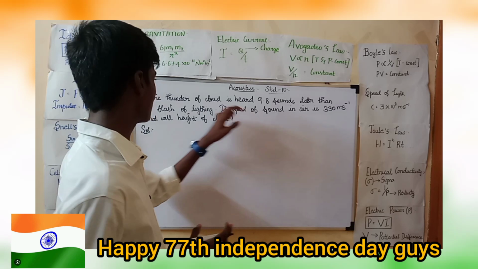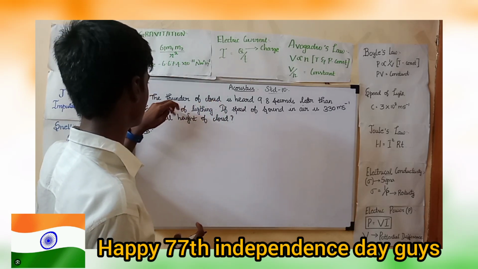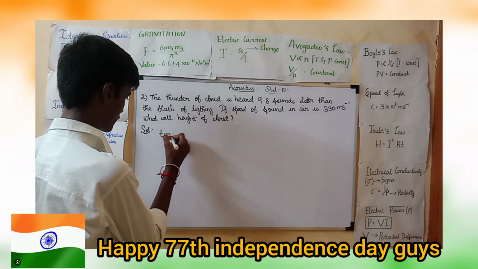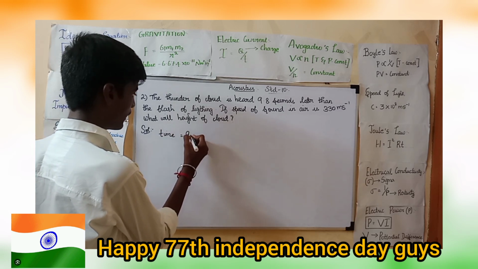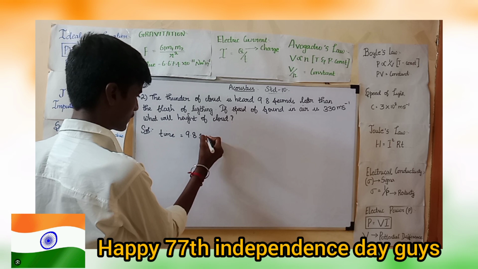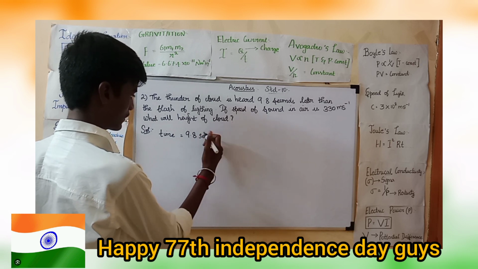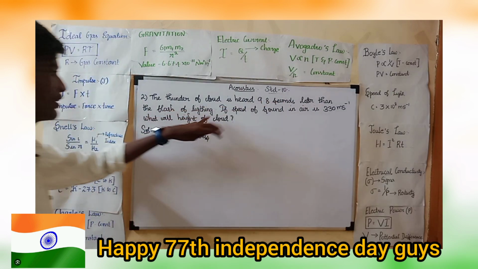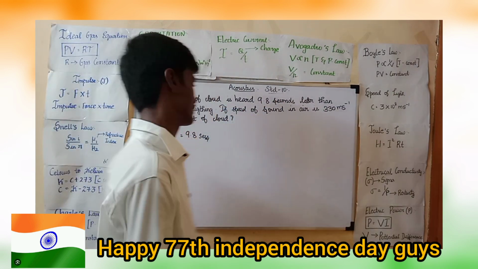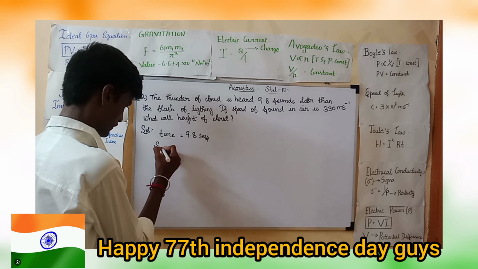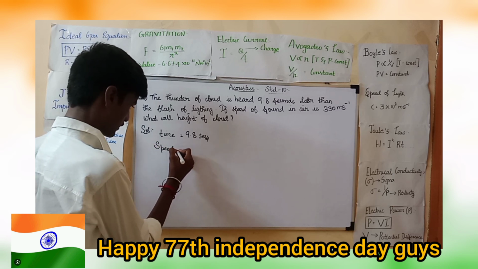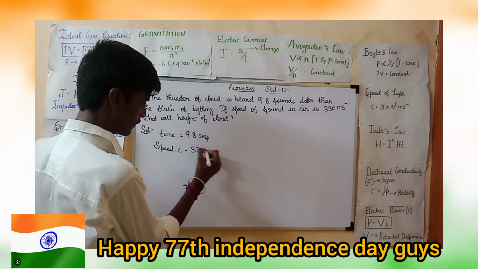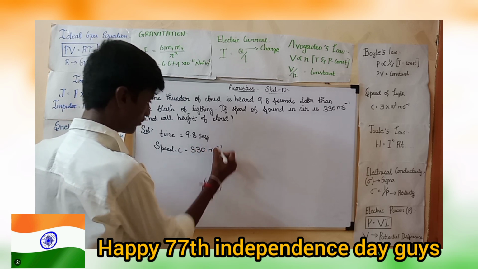First you have to write the given, what is in the question. Time equal to 9.8 seconds. The speed of sound in air is c equal to 330 meter second inverse.